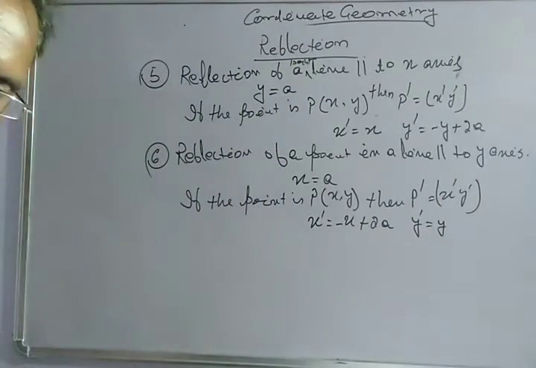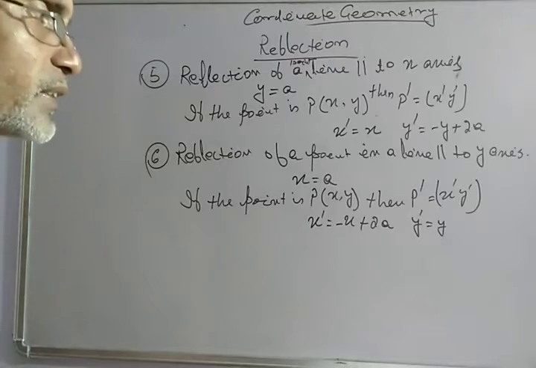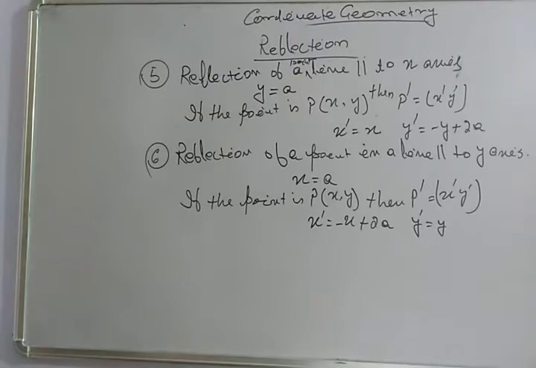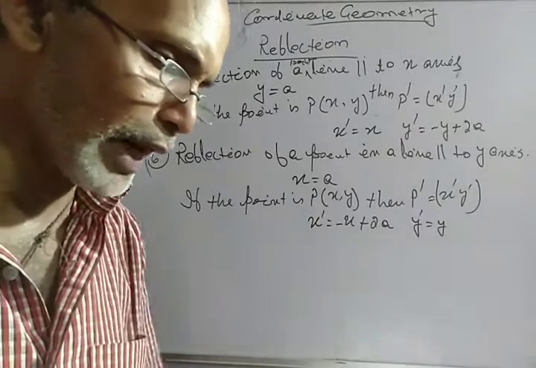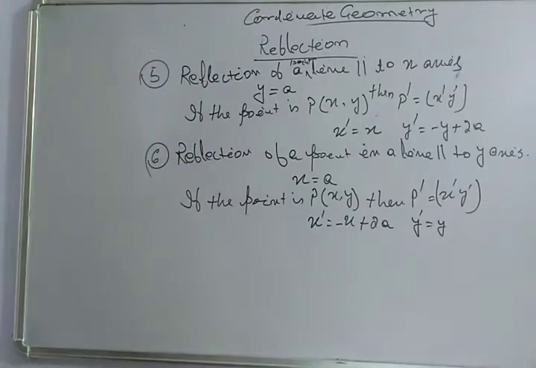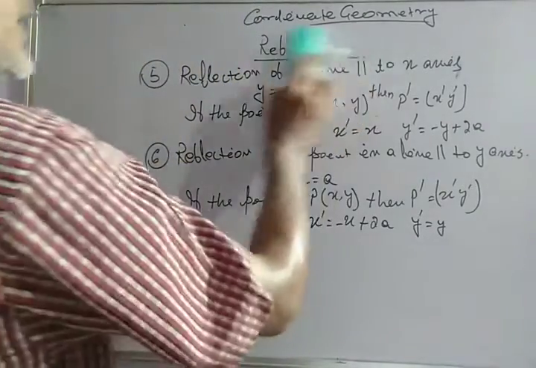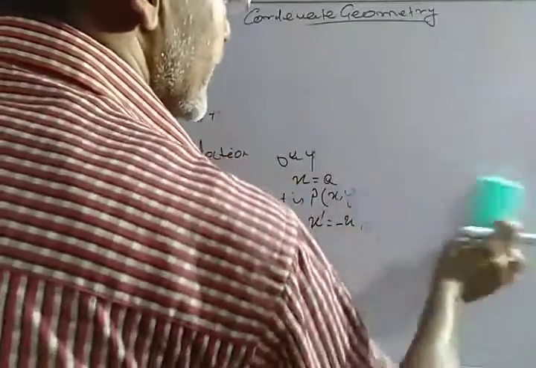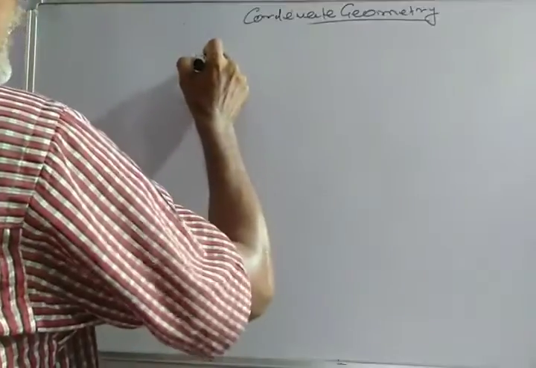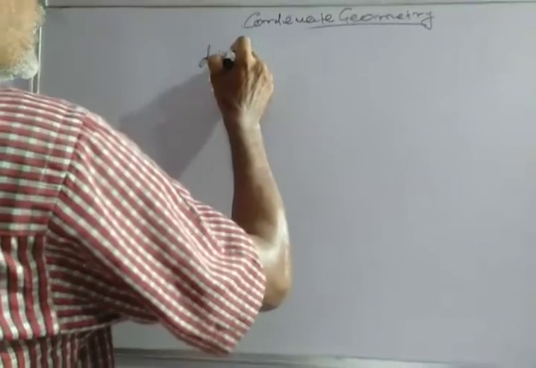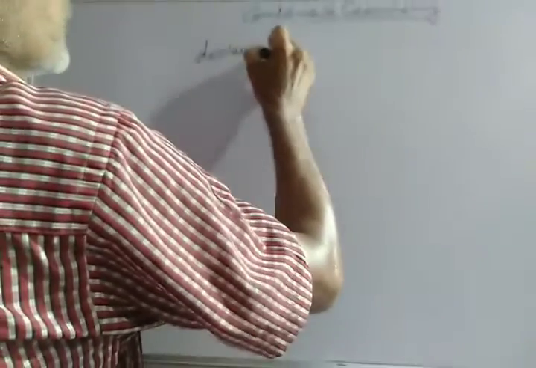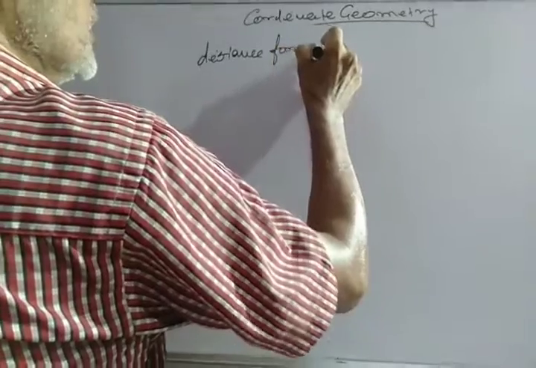So these are the formulas for the reflection of a point in various places. You can go through these points. Now I am going to tell you about the distance formula for a line given by coordinates.